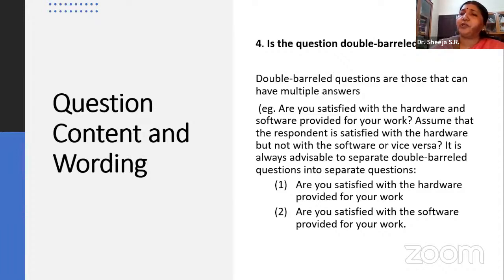Then the respondent may be satisfied with the hardware, or he may be satisfied with software only. It's very difficult to answer this question, because there are multiple answers possible. So you have to ask, are you satisfied with the hardware provided for your work? Then, are you satisfied with the software? So two separate questions should be asked.